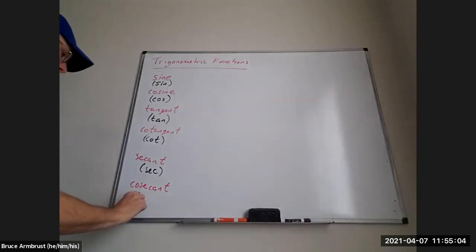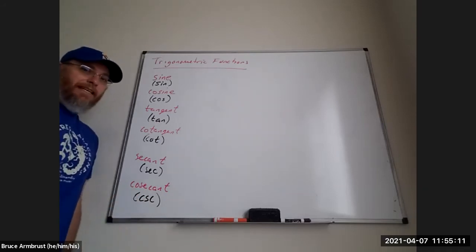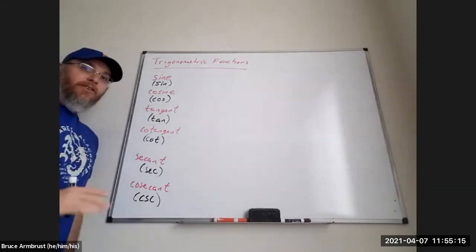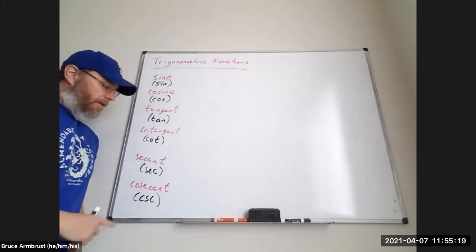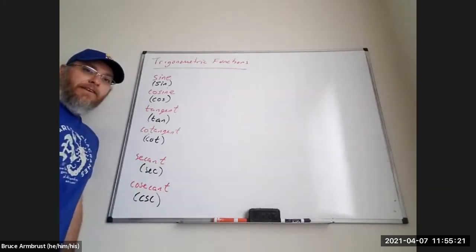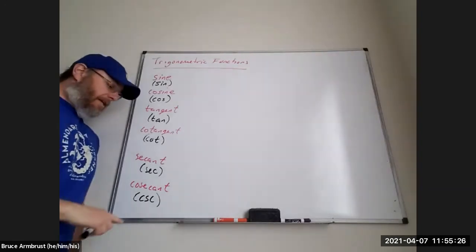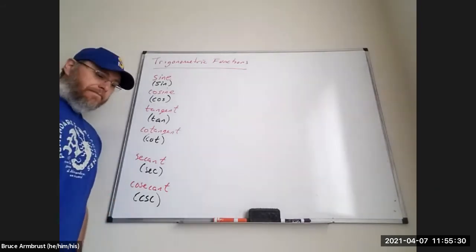And this guy, we write it as CSC for cosecant. All right, so that's how we're going to write them. We're not going to write out the full names. We're just going to use the three-letter abbreviations. But like I said, they're pretty easy. They're just the first three letters with the exception of cosecant, but CSC, yeah, okay. That makes sense.